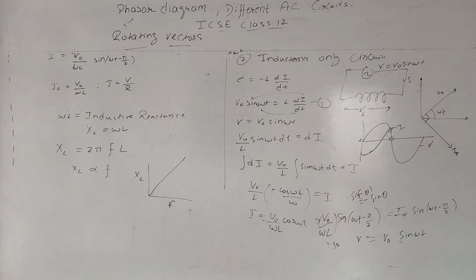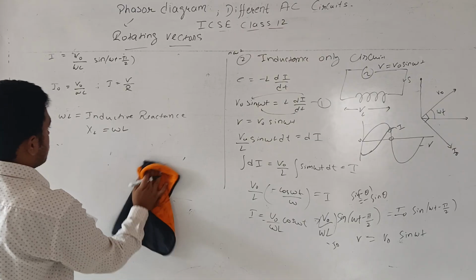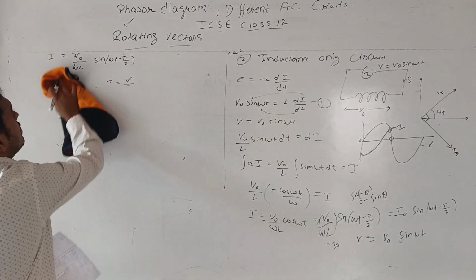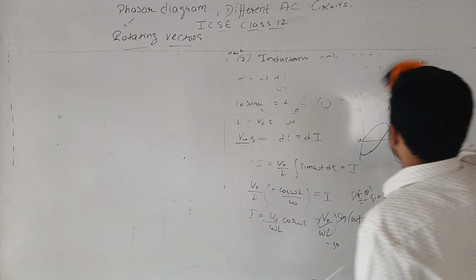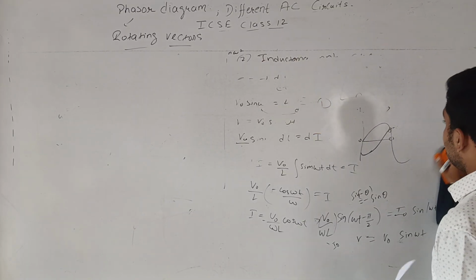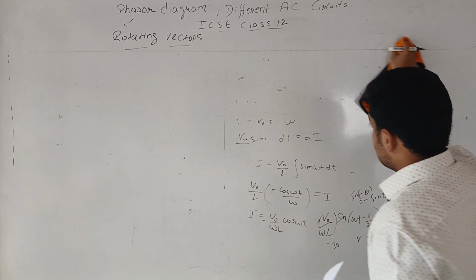So next we have the capacitance only circuit. For a capacitance only circuit, there is only a capacitor in the given circuit, and there is no resistance in the circuit.